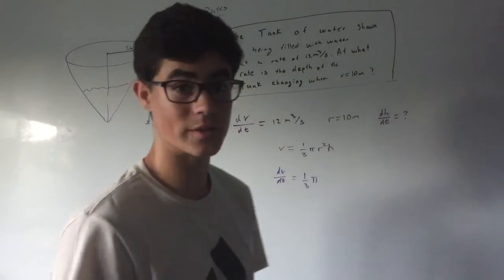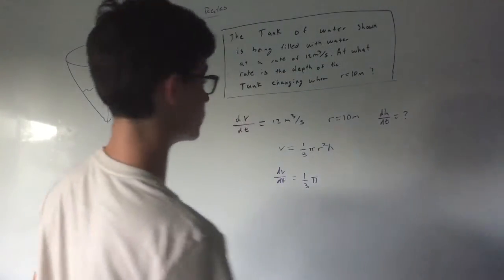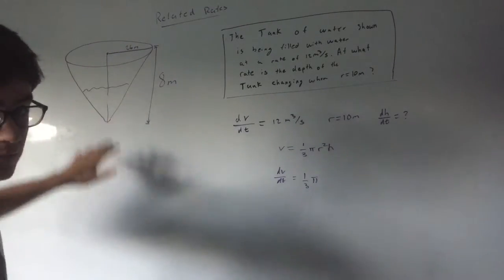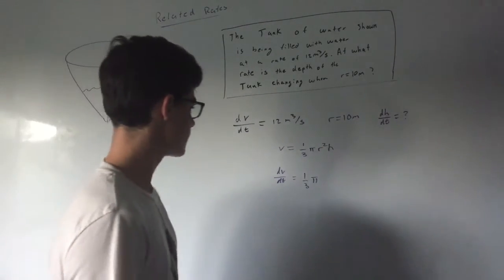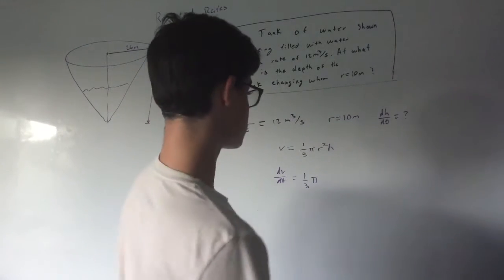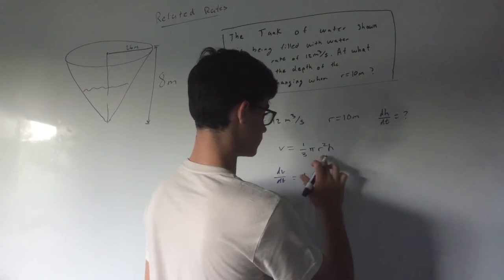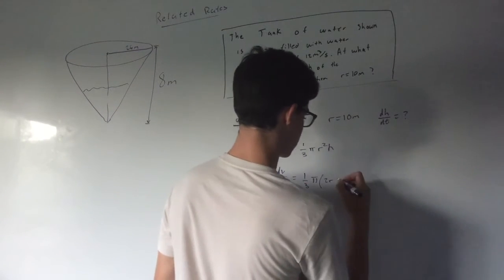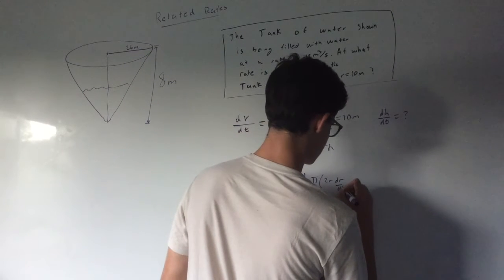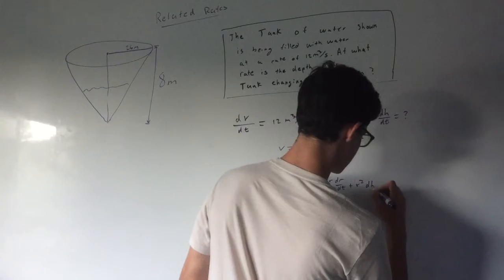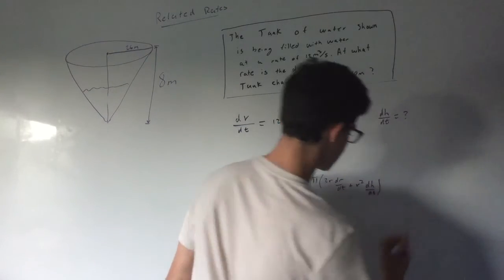But we don't know that dr/dt is equal to 0 either, because once again, we're not told, and we know that the radius is going to change depending on the level of the water, because it's a cone. So we know r is a variable, so we have to use the product rule. We get 2r, the derivative of r first, dr/dt through the chain rule, times h, plus r squared dh/dt.